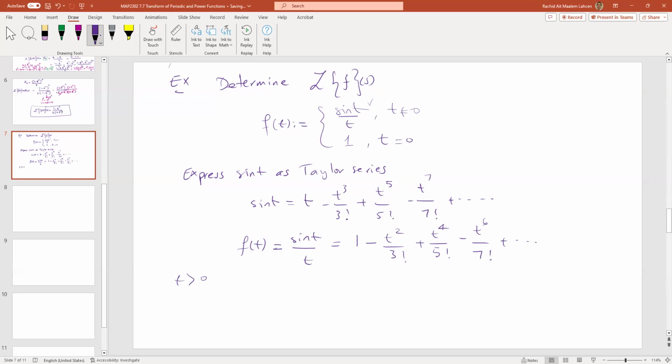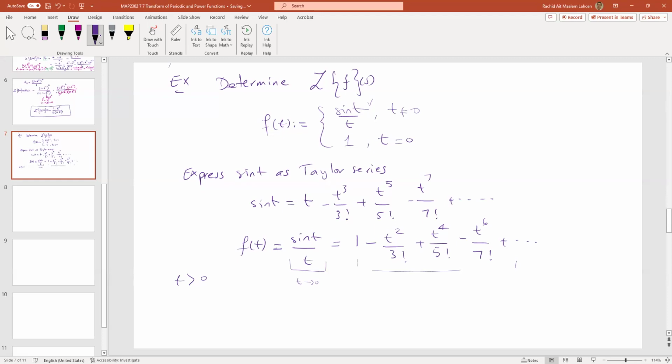We know that the representation also holds at t equals 0. And we know that when you take the limit of this thing here as t approaches 0, the answer is 1, right? Which you can see clearly here, of course. When the limit as t approaches 0, the answer will be 1.